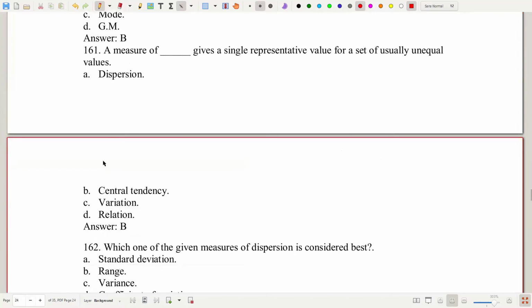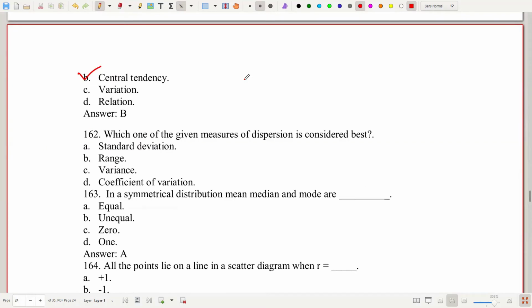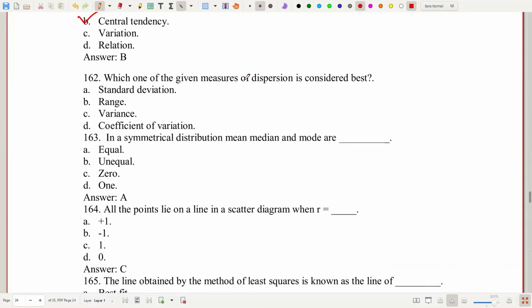A measure of dash gives a single representative value for a set of usually unequal values, and that is the central tendency. A measure of central tendency gives a single representative value for a set of usually unequal values. Which of the given measures of dispersion is considered the best? Obviously, the standard deviation.